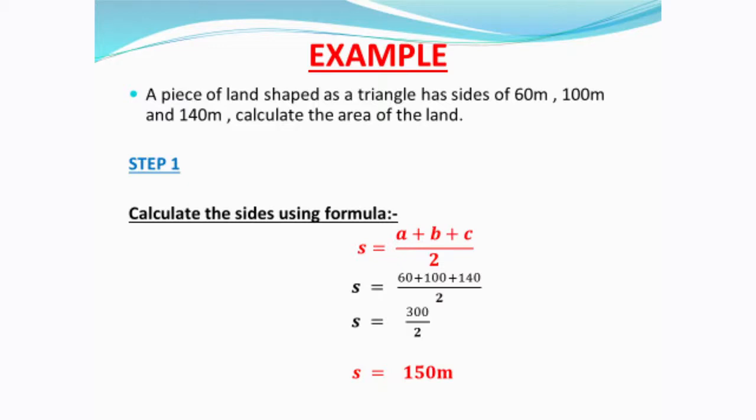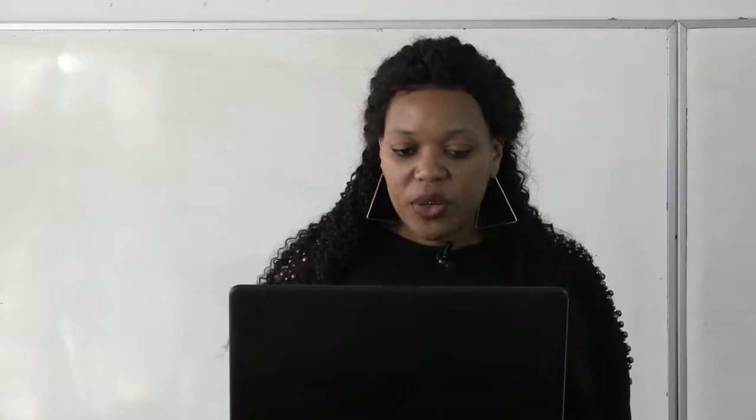Okay, now we can use our formula for calculating the area of a triangle knowing all three sides, because we now have the value of S. So we need to substitute in that formula.